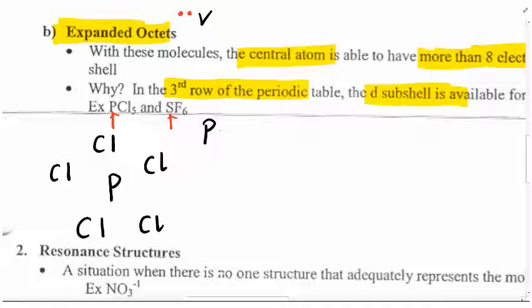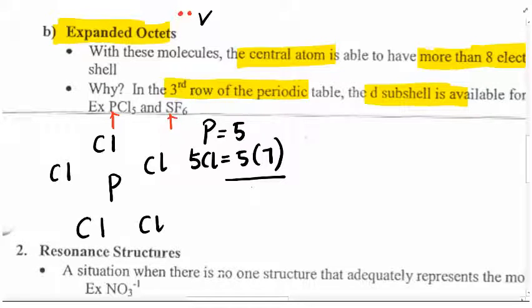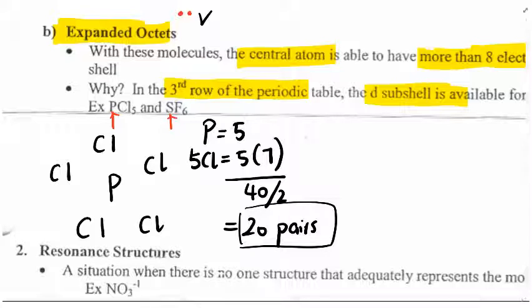So phosphorus has 5 valence electrons, and we have 5 chlorine atoms. So 5 times 7 would be 35. So in total, we have 40. Okay, and 40 divided by 2 gives you 20 pairs of electrons. So you're going to use up all 20 pairs and see if you can fulfill the octet rule for chlorine, but you know for a fact that phosphorus is not having an octet.